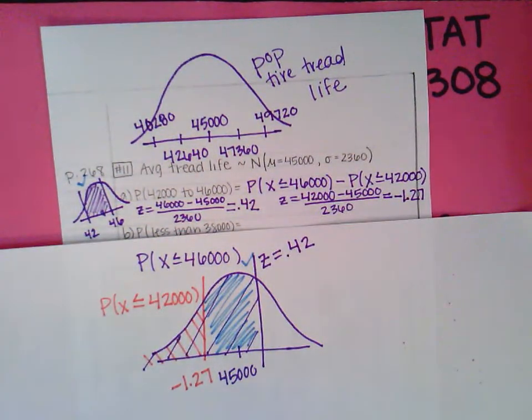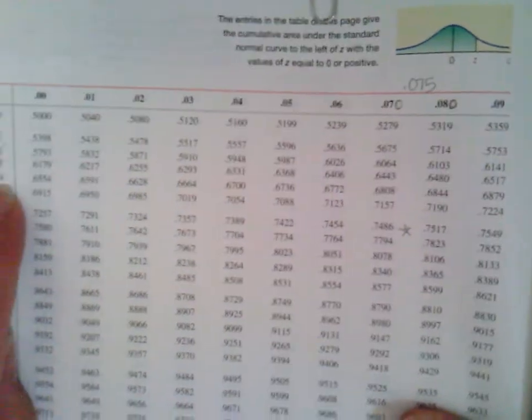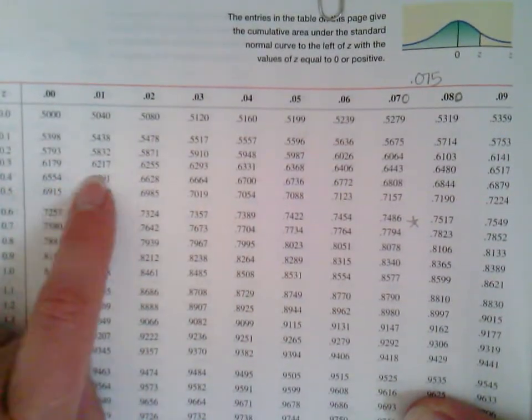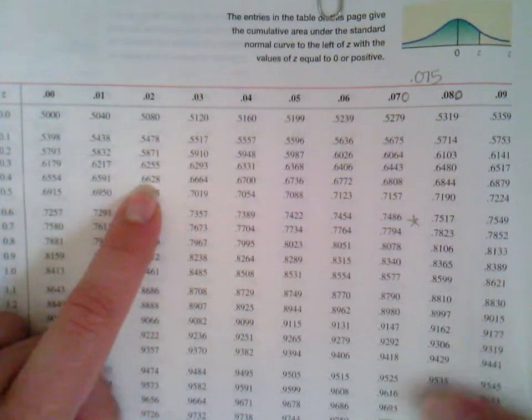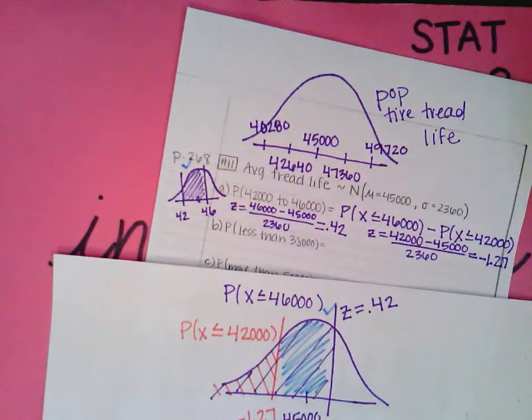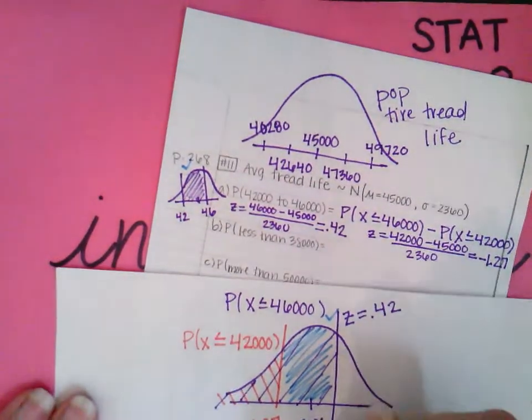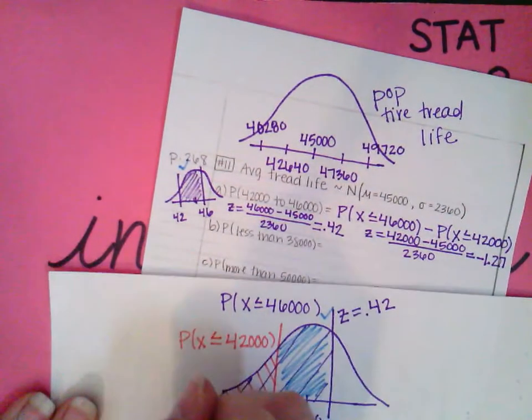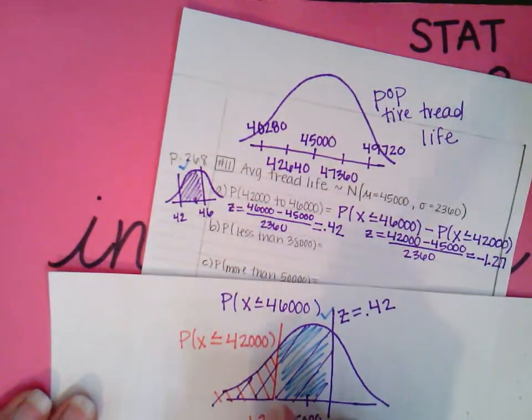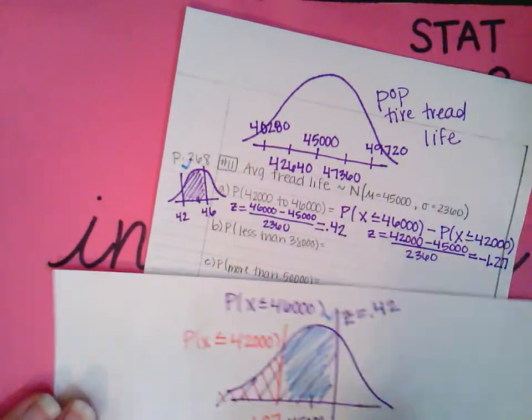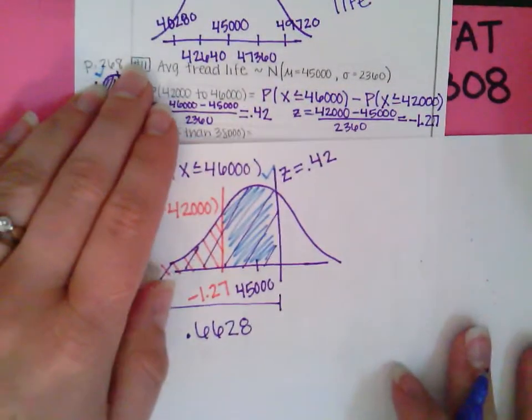And if you use the book to go and find those probabilities, 0.42, that's 0.6628. So this whole thing from here all the way down is 0.6628.